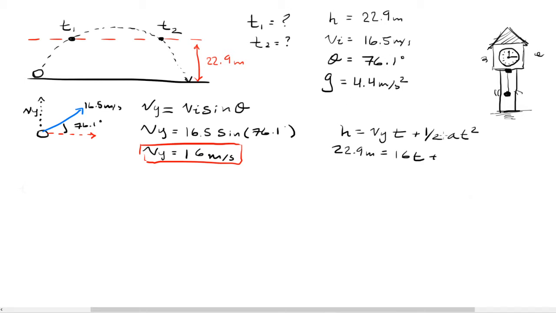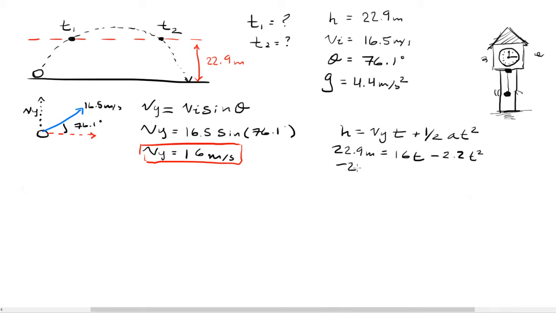In this case, we make the acceleration negative since it's in a downward direction, so we have to take into account that gravity is a negative value. And 1/2 of negative 4.4 is negative 2.2, so this becomes a minus sign: negative 2.2 times t squared.